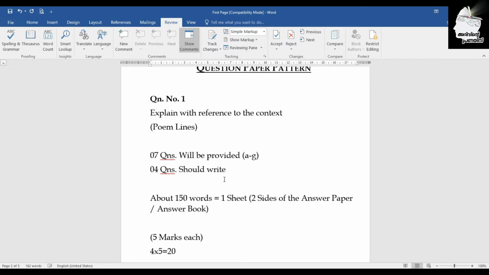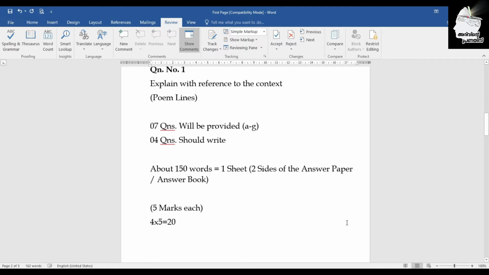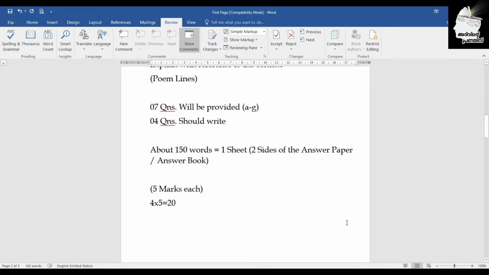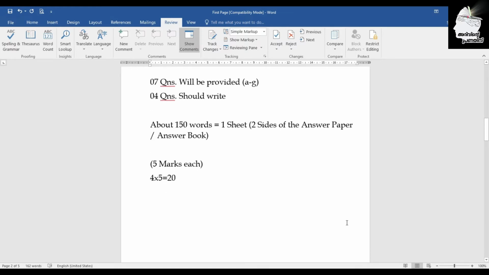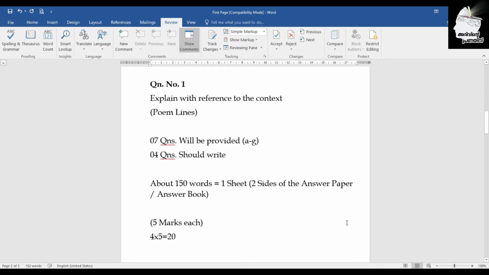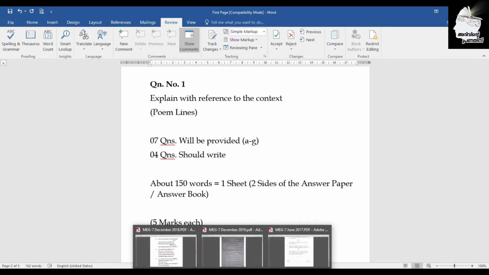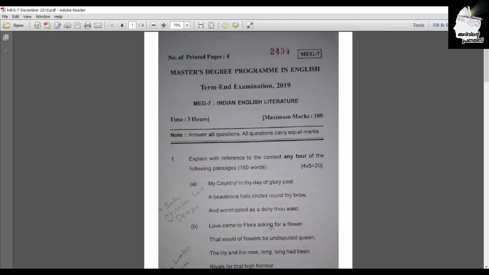That means one sheet, 2 sides of the answer paper or answer book, and for each question you will be rewarded 5 marks, a total of 4 into 5, 20 marks. So the first question, how it looks like, I will show you.